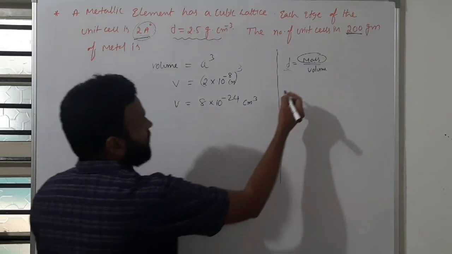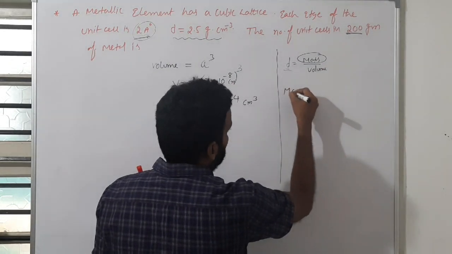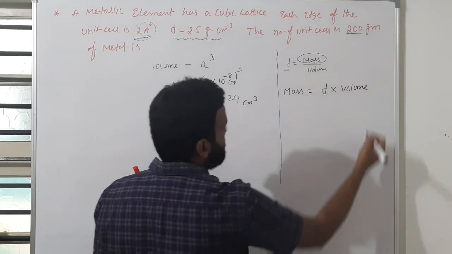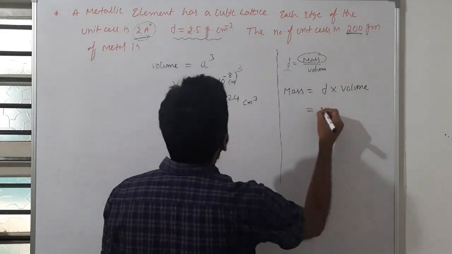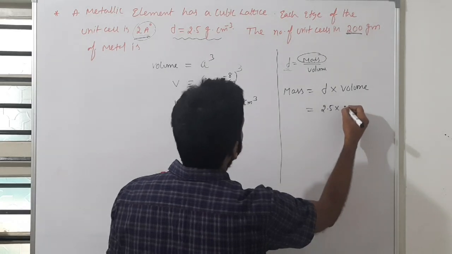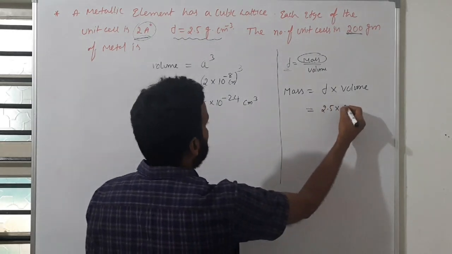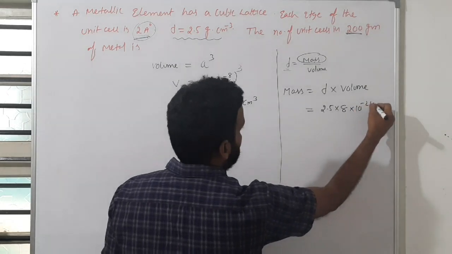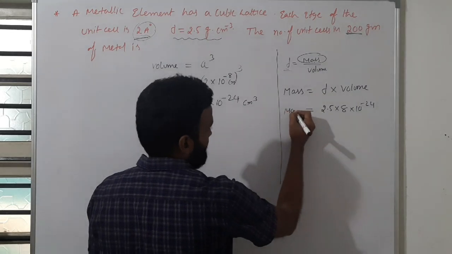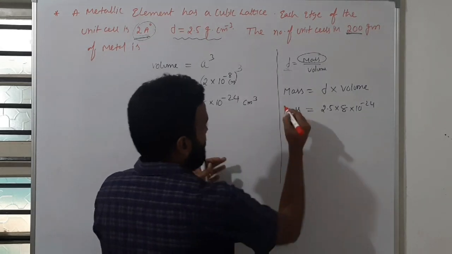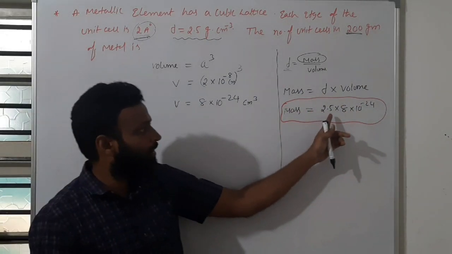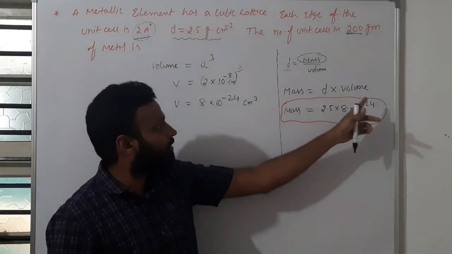So what is mass therefore? Mass is equal to density into volume. What is density here? 2.5. Volume: 8 into 10 power minus 24. So mass is equal to 2.5 into 8 into 10 power minus 24.